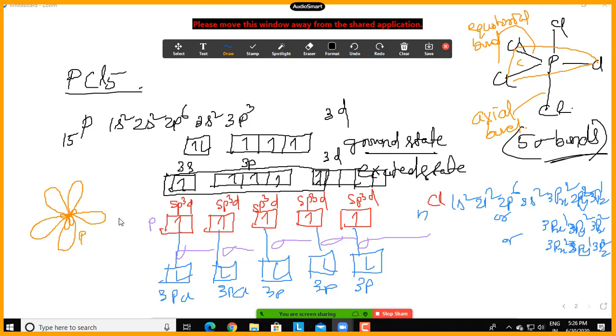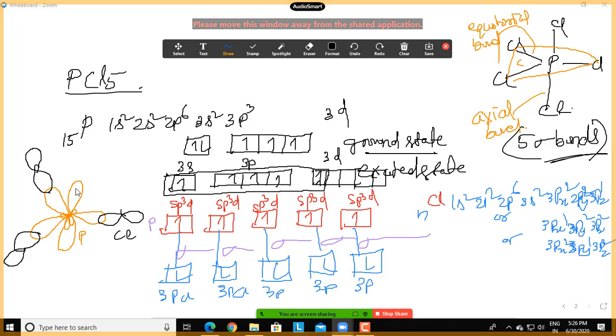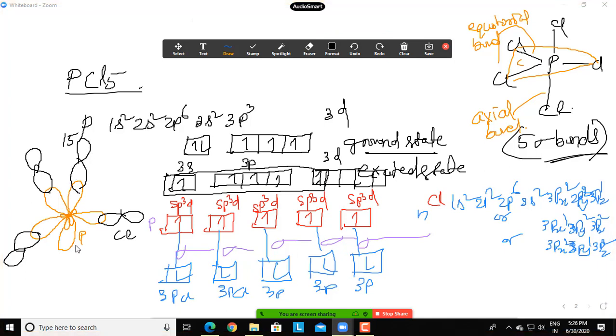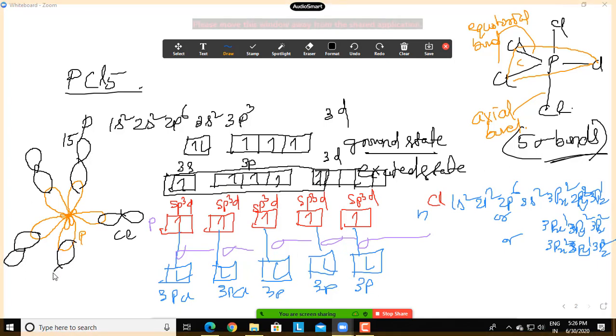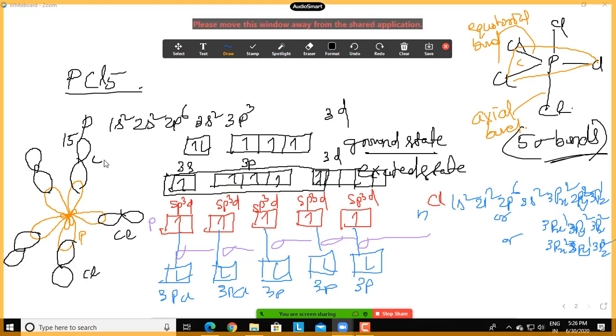This is the phosphorus, and your chlorine atom will overlap here like this, 3p of chlorine. Another 3p of chlorine will overlap this side. Another 3p of chlorine will overlap this side. Then two 3p of chlorine will overlap on axis. So 5 3p of chlorine will overlap.